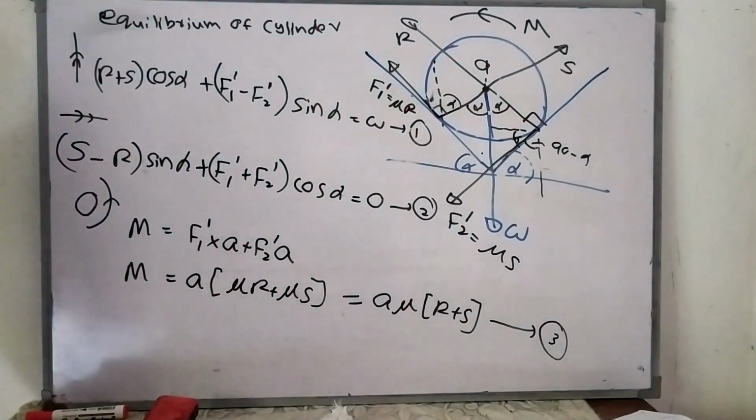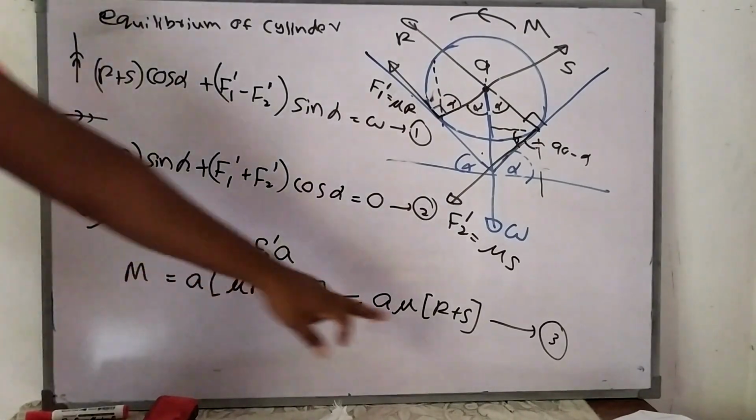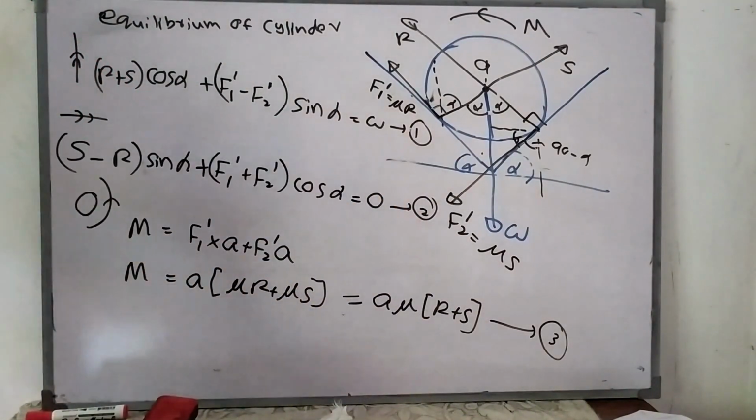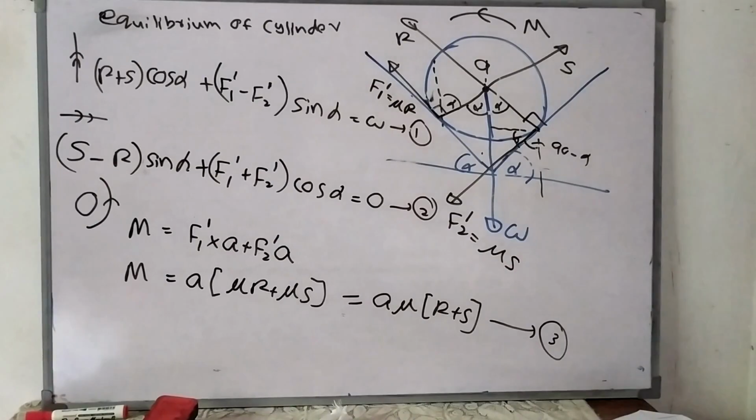This is my third equation, right? So right now we have three relations with S, R and M. So we just need to find the capital M, and both S and R should be replaced by the previous two equations.